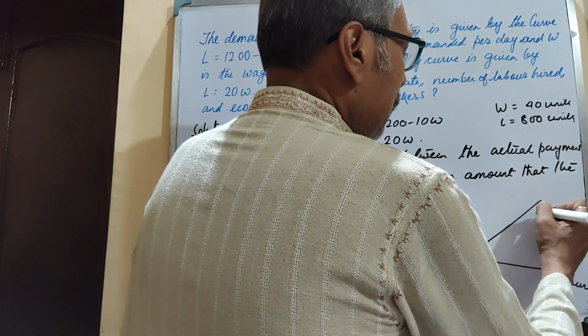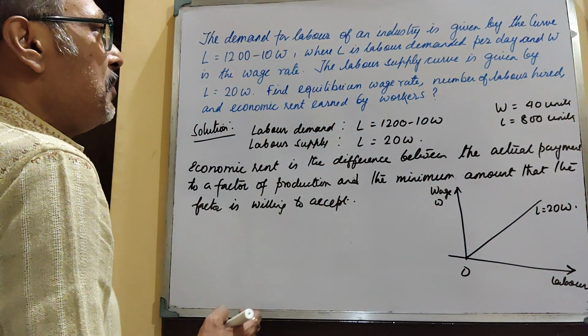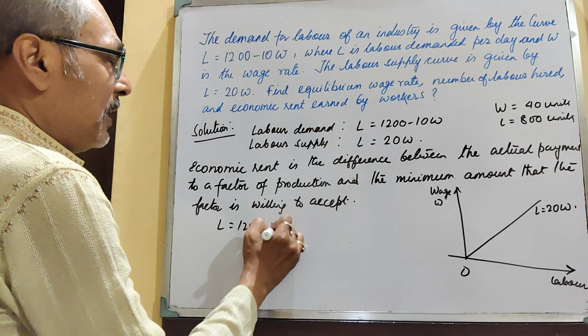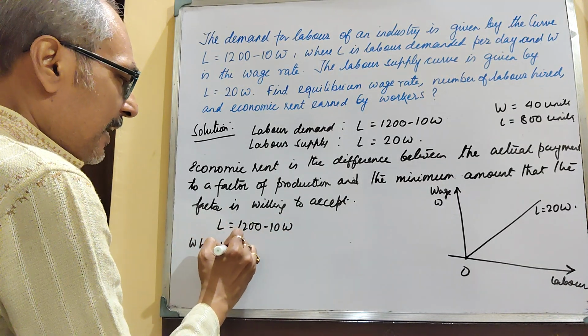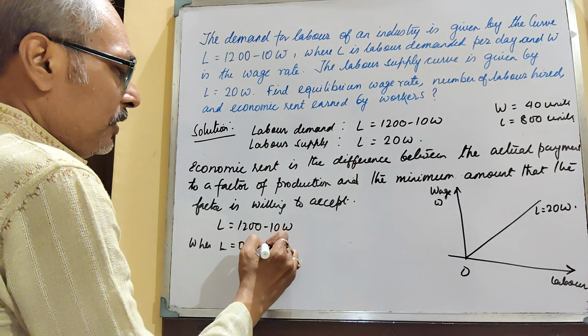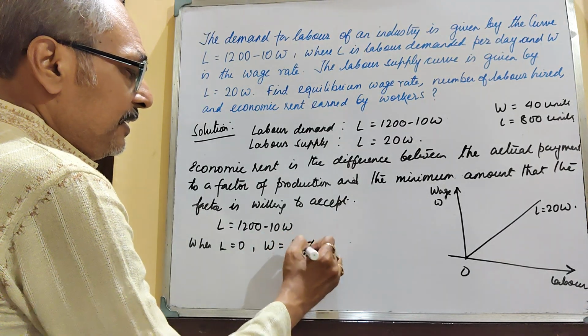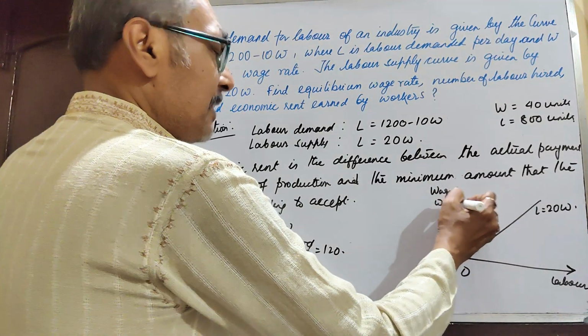And what is the labor demand curve? Labor demand curve is 1200 minus 10W. When L equals 0, then W equals 1200 by 10. This is 120. This is the vertical intercept.